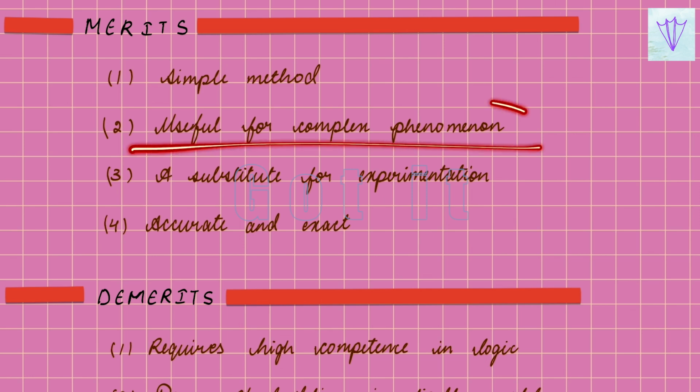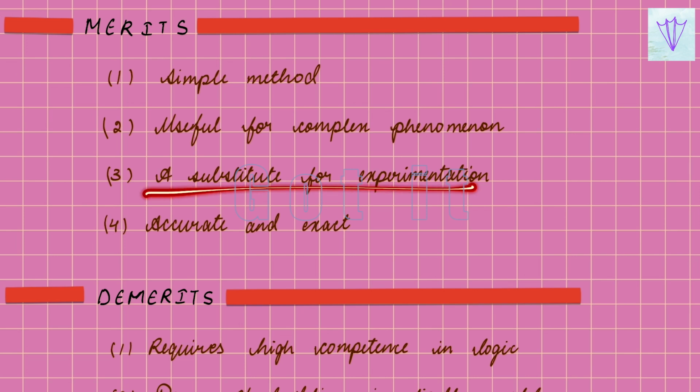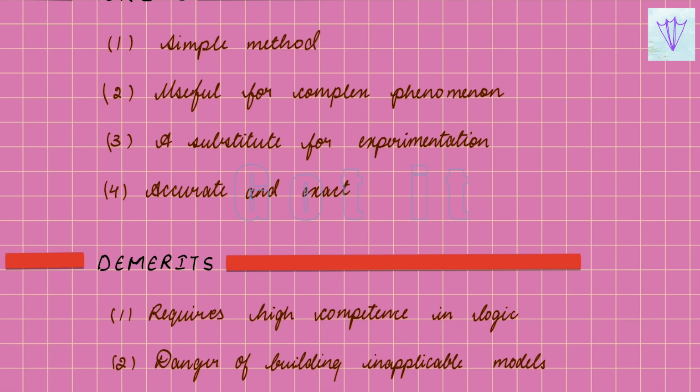You can use this for complex phenomena when you simply need a cause and an effect to understand the hypothesis, formulate it, and bring up a theory out of it. And it is a substitute for experimentation. Since economists do not possess a well-placed laboratory to conduct controlled experiments, they must follow this deductive method for reasoning, and it is accurate and exact. Most of the time it is more accurate and exact.